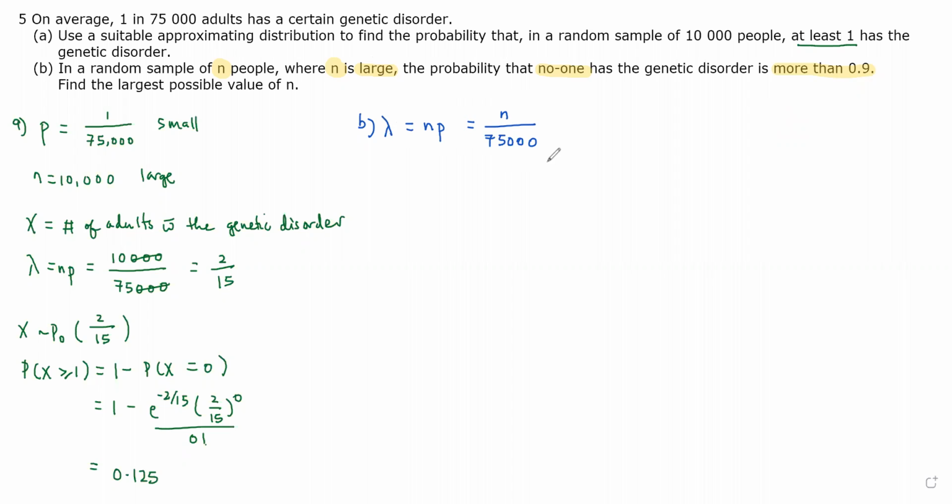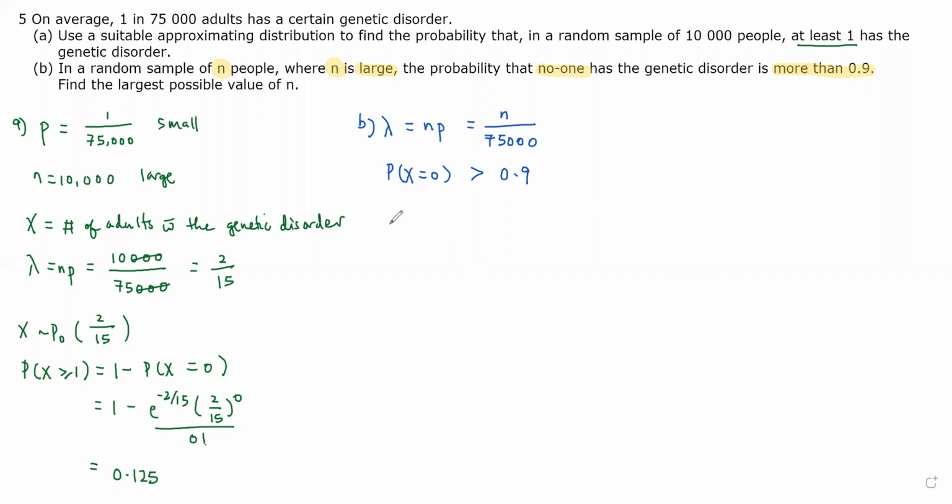X is the number of adults with the genetic disorder, and we are given that the probability that no one has the genetic disorder, meaning the probability X equals 0, is more than 0.9.